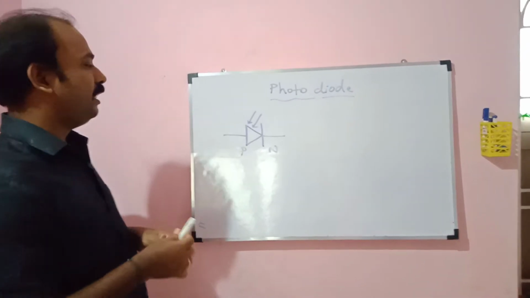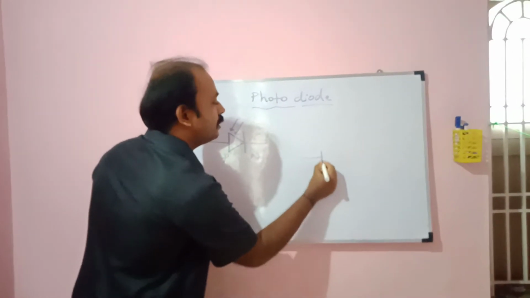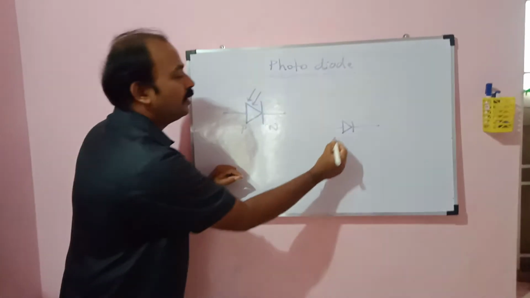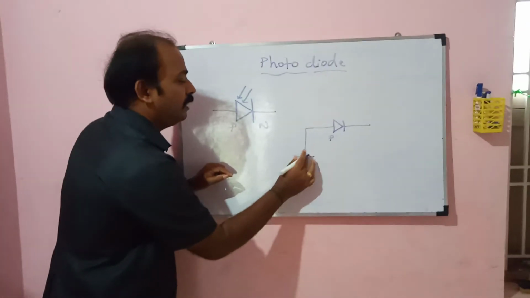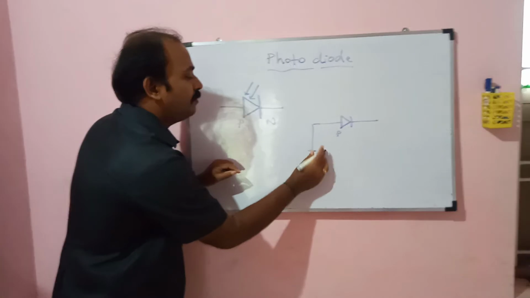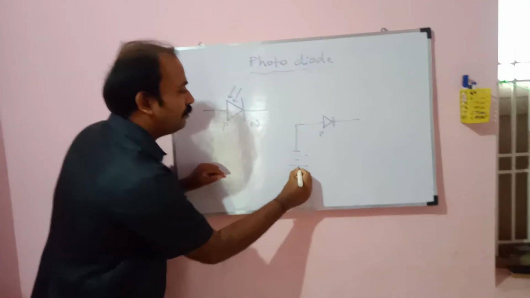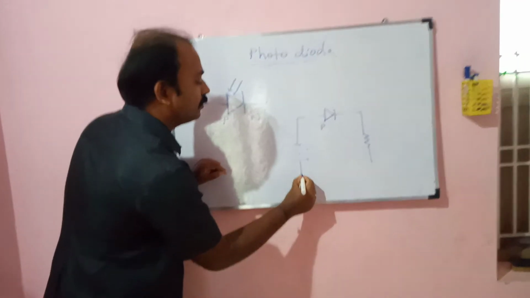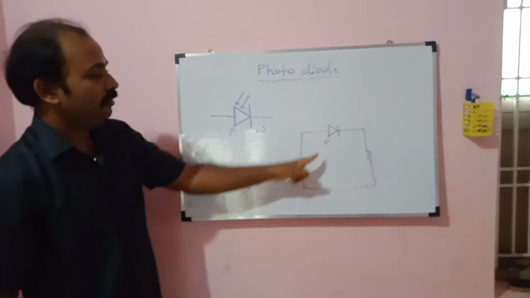What is the meaning of reverse bias? See, this is reverse bias. Reverse bias means the P type semiconductor is connected to the negative terminal of the battery, and the N type semiconductor is connected to the positive terminal.